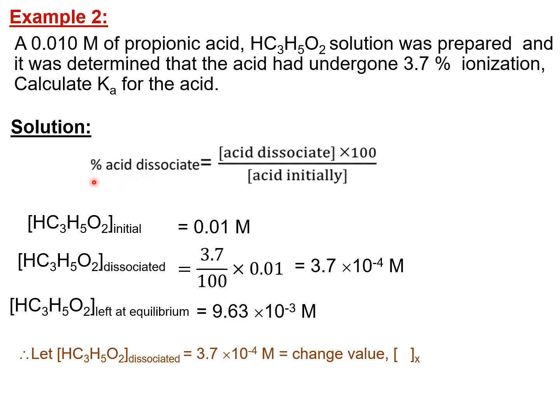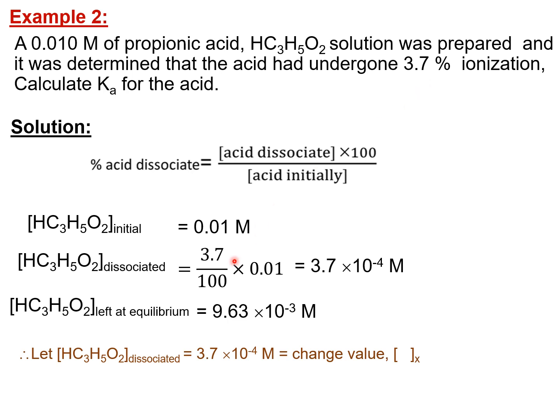So how can you do it? So kita tadi dah belajar pasal ionization percentage kan for weak acid, di mana concentration of acid dissociate bahagikan dengan concentration of acid initial times with 100. So concentration of propionic acid initial ialah 0.01. Okay, and then to find the concentration of HC3H5O2 yang dah dissociate, kita tahu dia punya percentage of ionization ialah 3.7%.